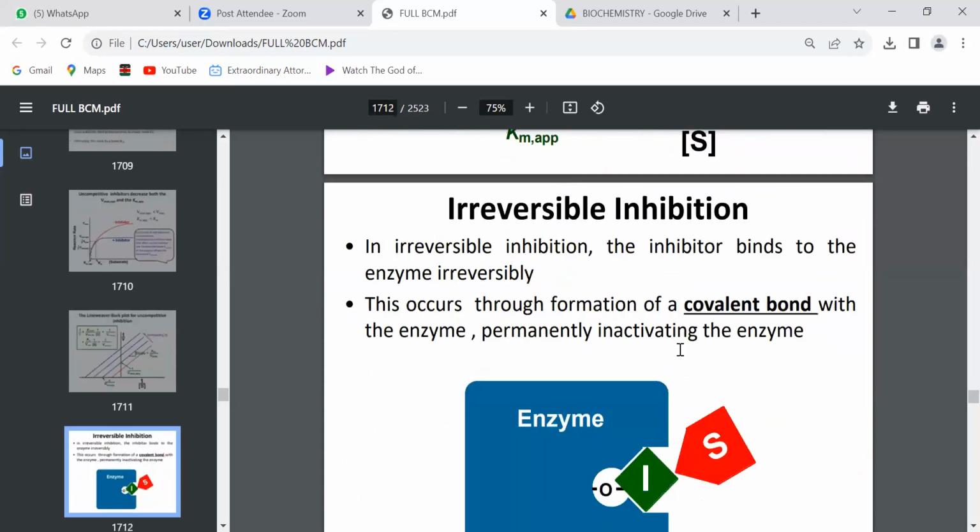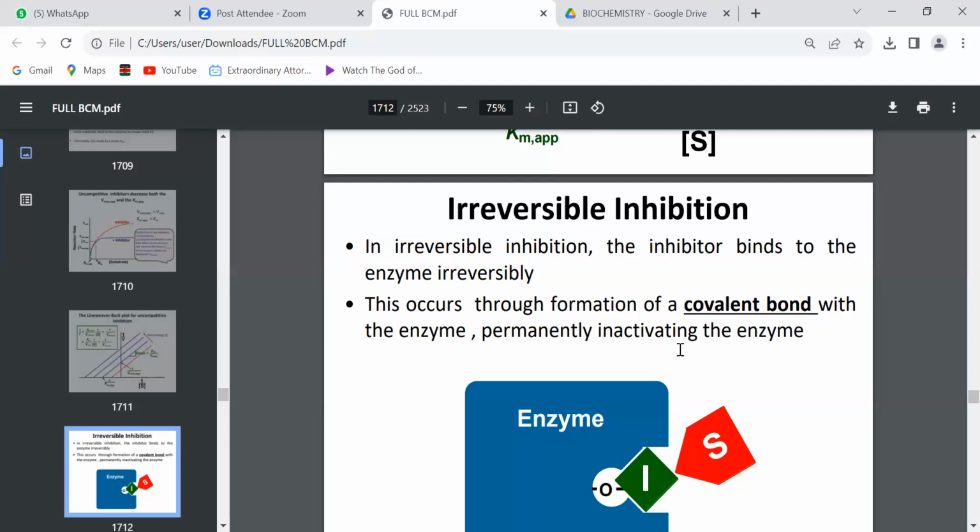So that's reversible inhibition. Then irreversible inhibition. For reversible inhibition, the reaction was able to keep switching back and forth between the inhibitor and the substrate because they were bonded by weak bonds.